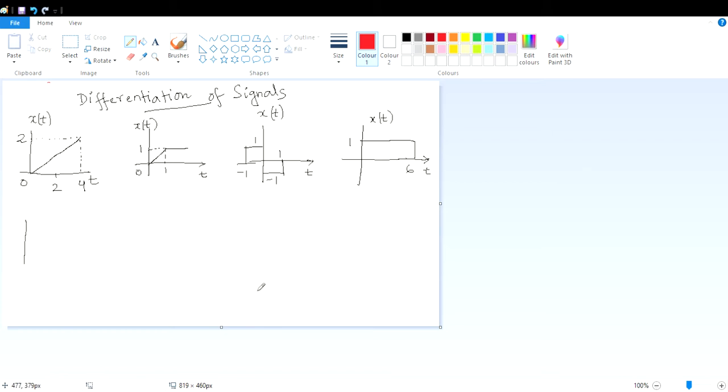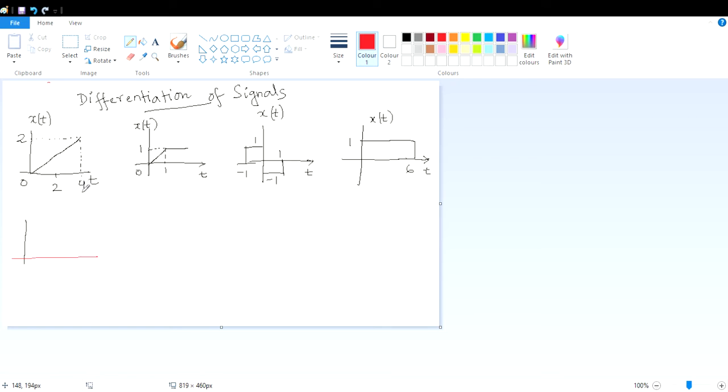Now we know, in the case of integrating a step, the area under the step gives you the magnitude of the ramp. So here this is the ramp, and this ramp has a magnitude of 2, a height of 2. So I know that the area of the step was 2, and the time duration will remain the same.